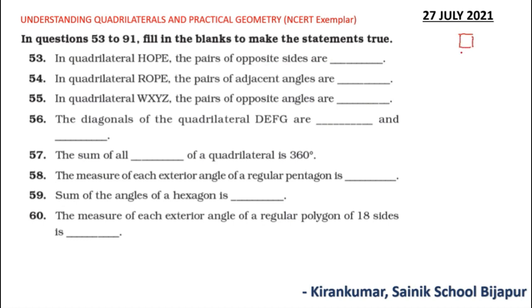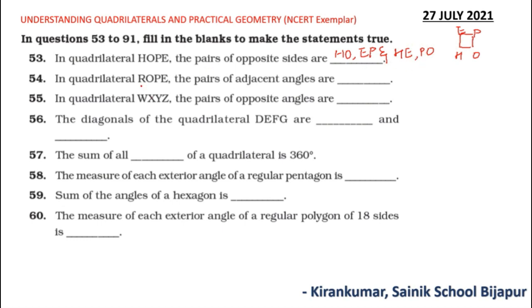See, this is the quadrilateral HOPE. Here, which are the opposite sides? HO is opposite to EP. HO, EP, these are opposite. And HE, PO, these are opposite. So 2 pairs of opposite sides are written here.